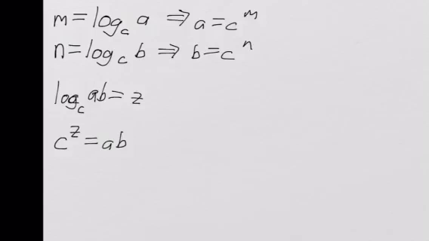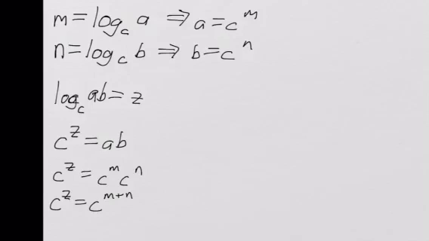But we know what a and b are, so we know that c to the z is equal to c to the m times c to the n. And then properties of exponents tell us that c to the m times c to the n is c to the m plus n.